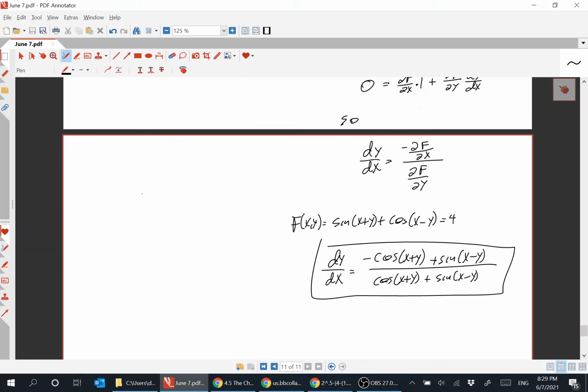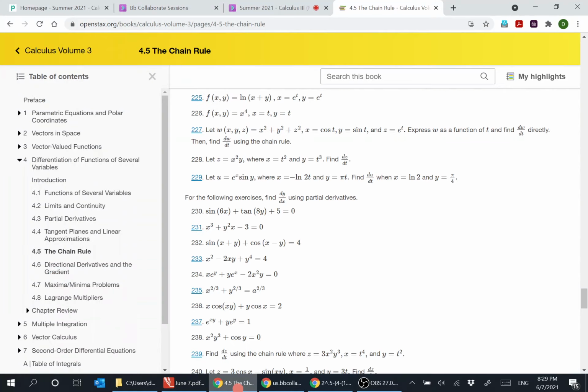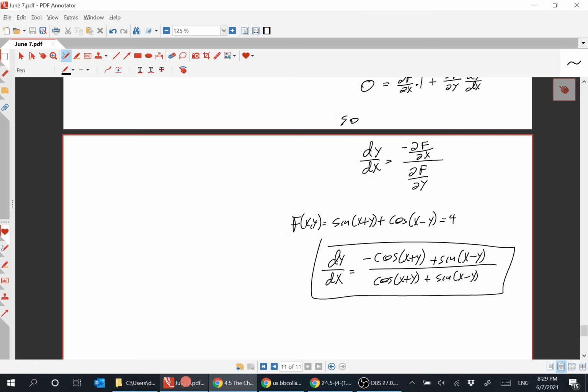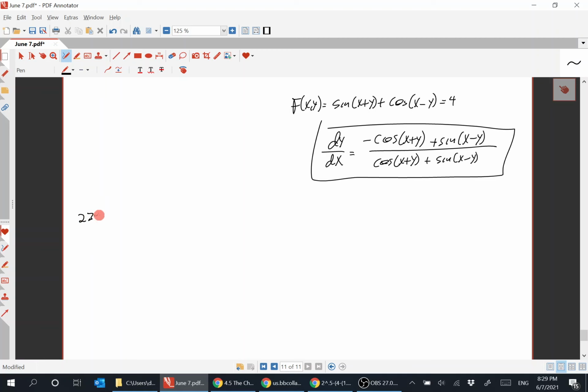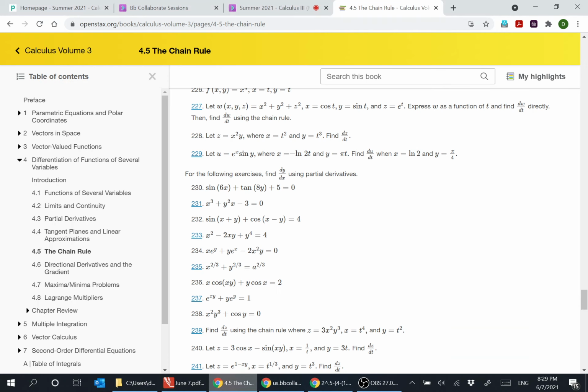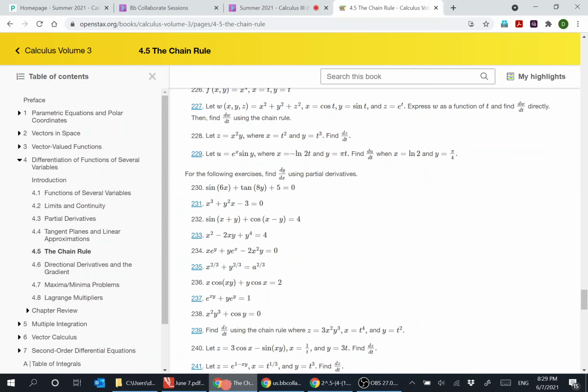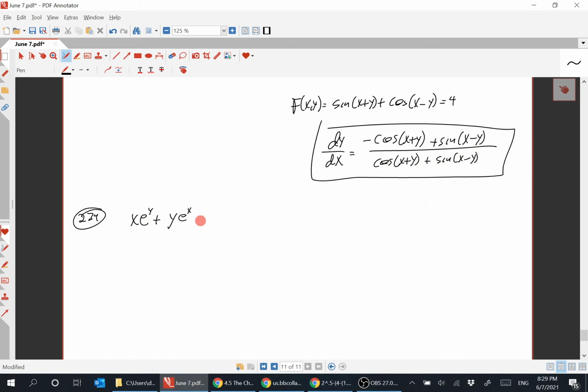So that's 232. 234, 245. 234, same deal. So 234, you've got this mixed equation of x and y: x e^y plus y e^x minus 2x²y equals 0.